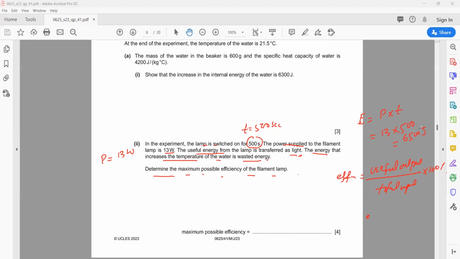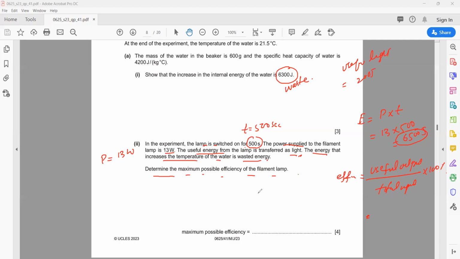From this total, how much is going to the water? That is the 6,300 joules. Got it? So what is going to the water? Waste. And what is useful? Which is going to the light. So how much is left going to the light? 200 joules.